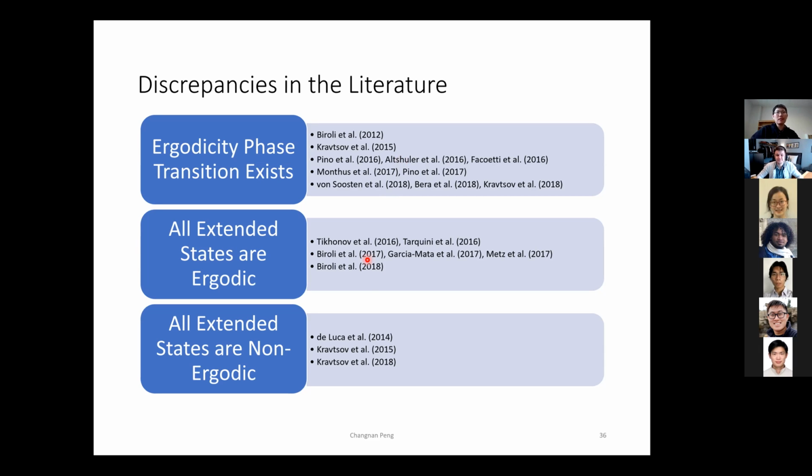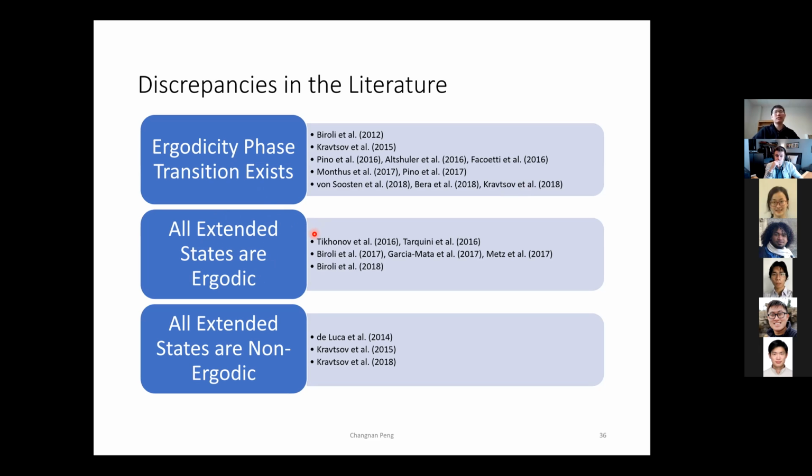The discrepancy comes from how people realize the infinite lattice with finite geometries that can be simulated on the computer, or from the other indicators of what is meant by ergodicity, what is meant by extended or localized.